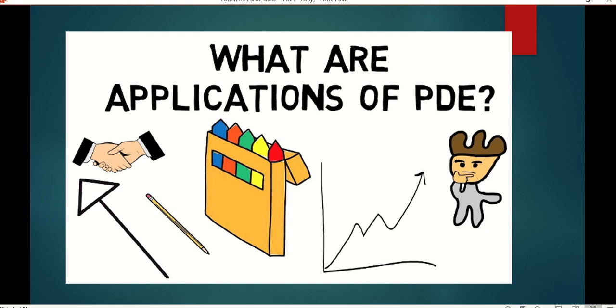Overall, it plays a significant role in modeling, simulation, and optimization of complex systems in engineering. The ability to describe complex physical phenomena using PDEs has significantly impacted the development of modern engineering systems, making them more efficient, reliable, and cost effective.